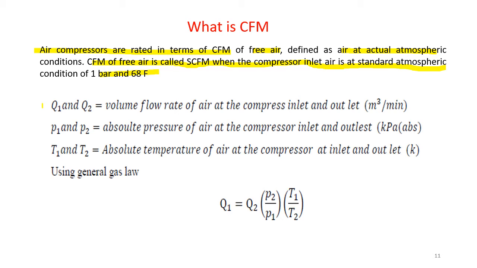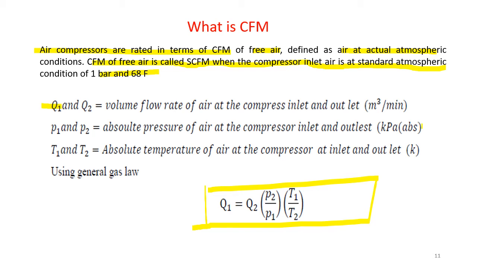So what is Q1 and Q2 in this particular formula? It is given for CFM. Q1 and Q2 are volume flow rate of air at the compressor inlet and outlet in meter cube per minute. P1 and P2 are absolute pressure of air at compressor inlet and outlet, which are given in kilopascal.